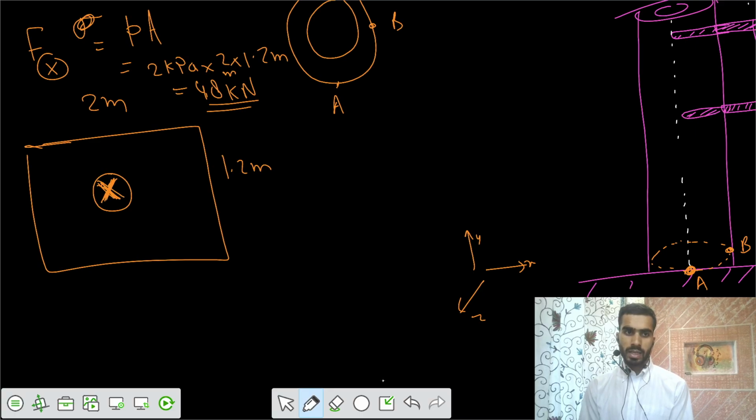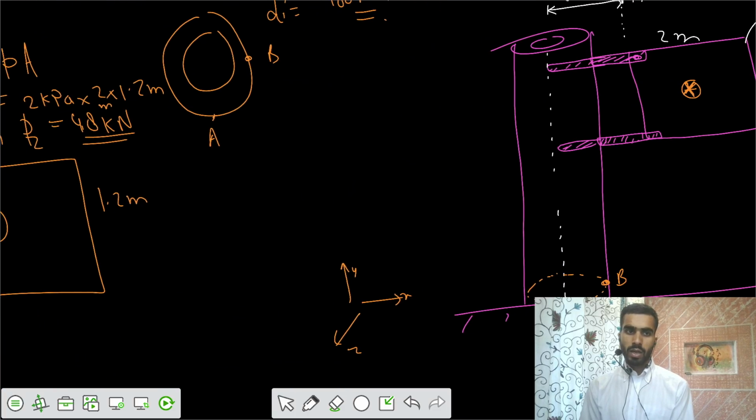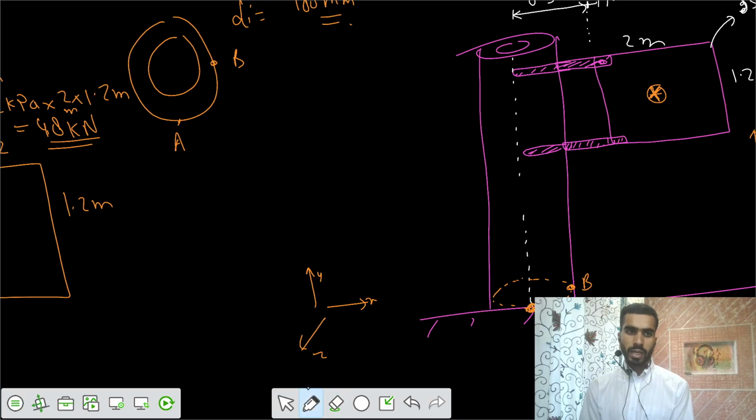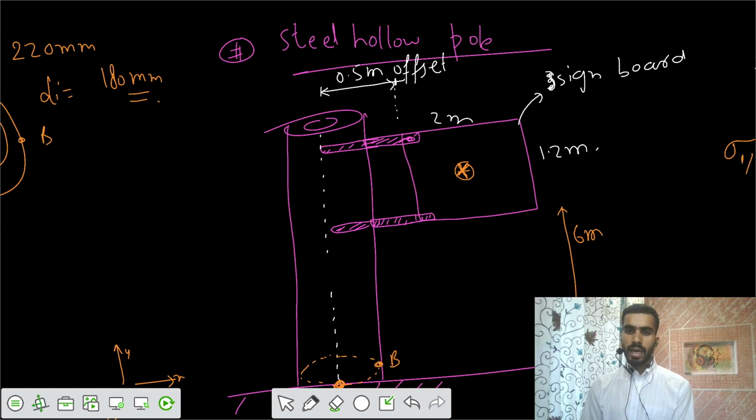The cross represents a force in the Z direction, PZ, which is 4.8 kilonewton.